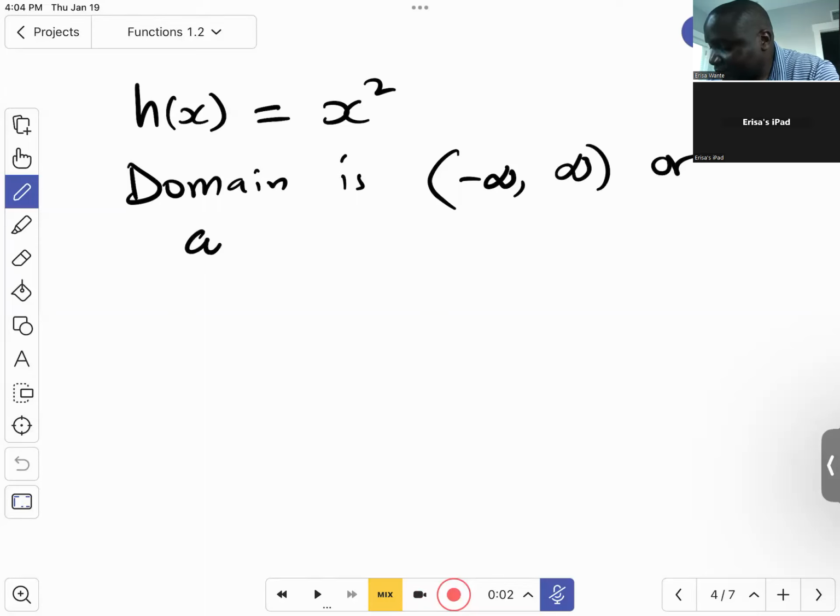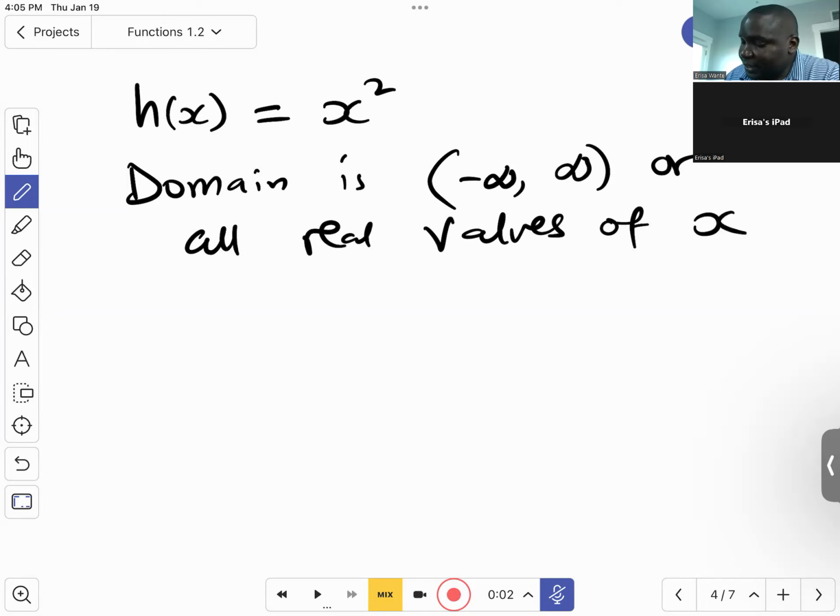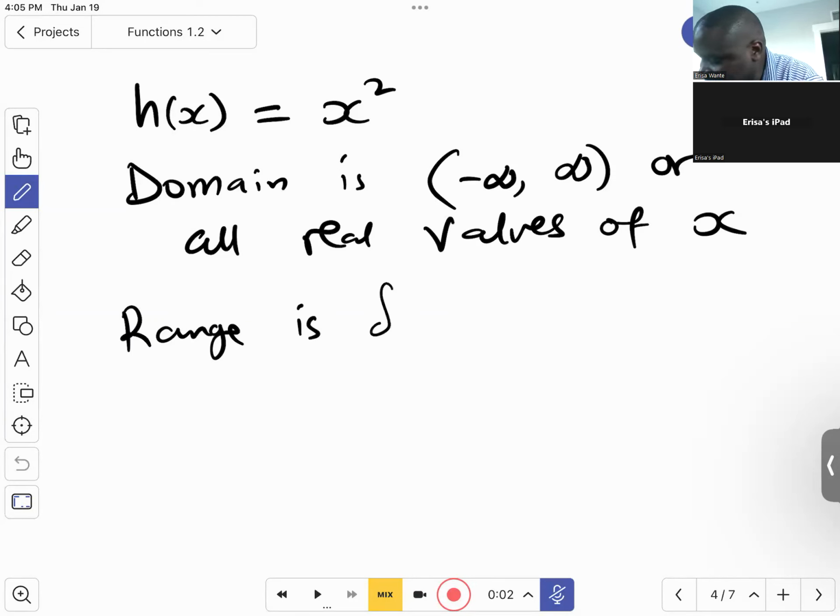...or you can say all real values of x. Okay, and then the range is a set of y values, y's, such that y is more than or equal to 0, and this is the set.